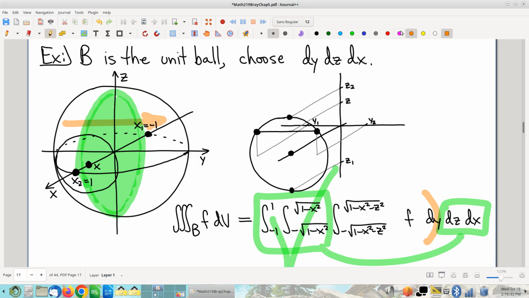Okay, well, let's see here. This lower point, this point at sort of the starting point, if you will, that determines the lower bound for y, it's always on that back face of the sphere.